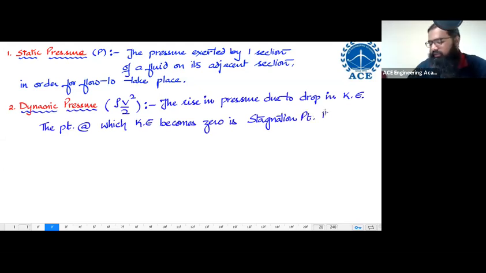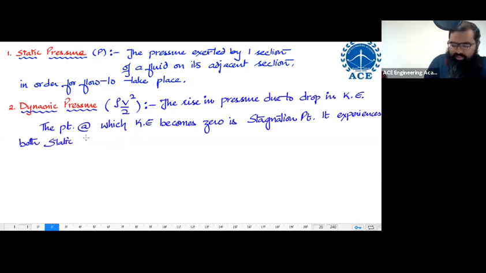It experiences both static and dynamic pressure.